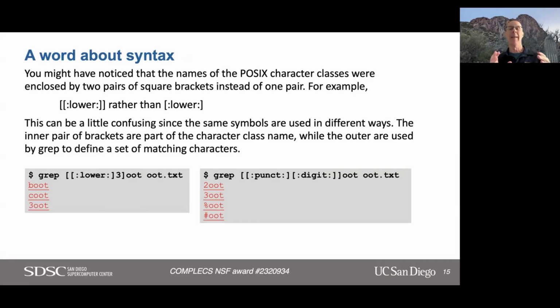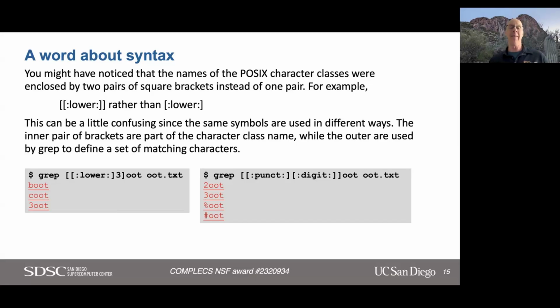And the reason is, and here I think that the syntax is just a little confusing, those brackets are being used in two different ways. The outer set of brackets is being used to define a set of characters that are going to match, and the inner pair of brackets is part of the definition of the character class.